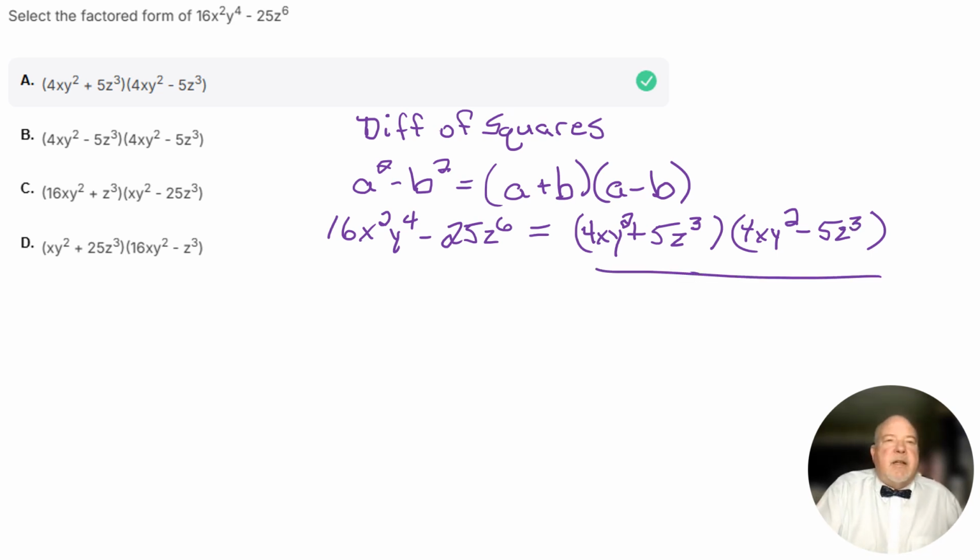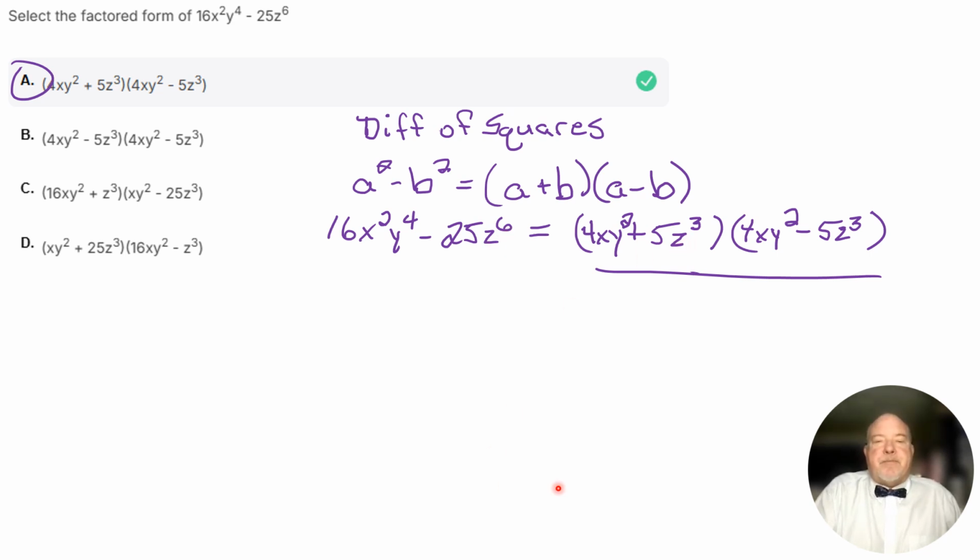Now, one quick thing I want to point out to you just as a reminder. When you're taking the square root of a number, like 16, for instance, you're saying what number times itself is 16. Now, what about when there's an exponent? Well, it's asking the same question. It's saying what times itself is z to the sixth, and the answer is z to the third.